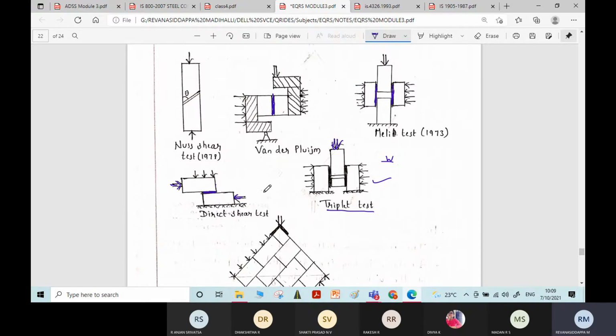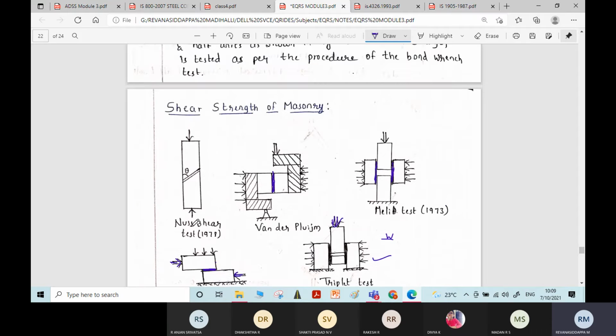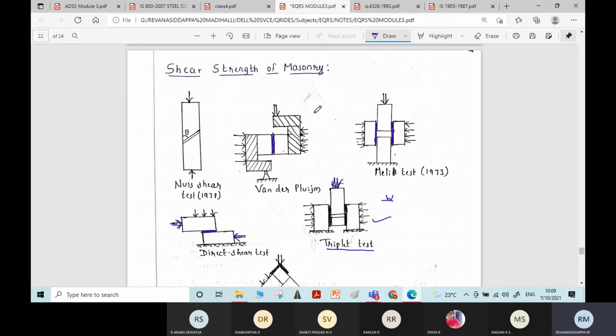Now, when you look into all these methods to find the shear strength of the masonry, all these tests mainly concentrate only on the joint of the brick. They concentrate only on the shear strength at the joint.